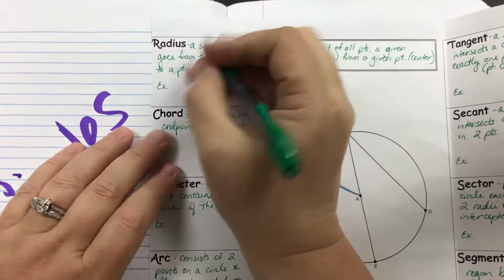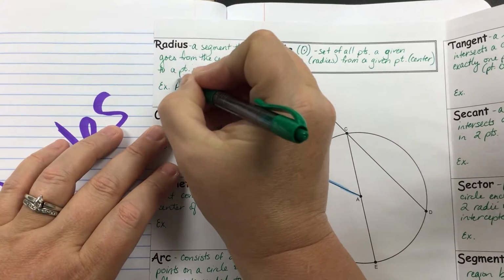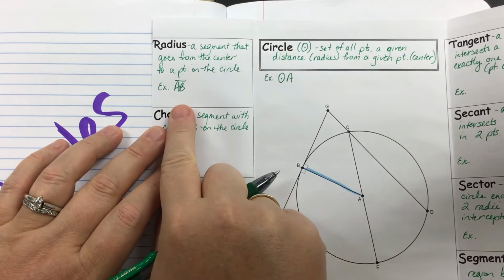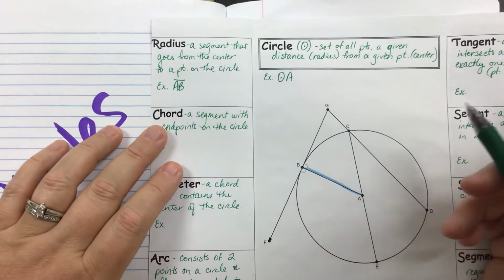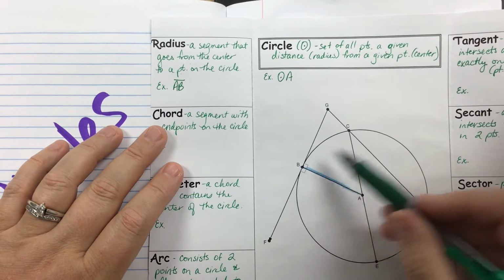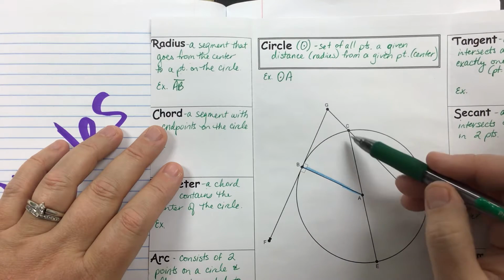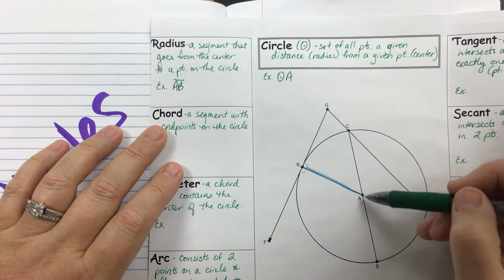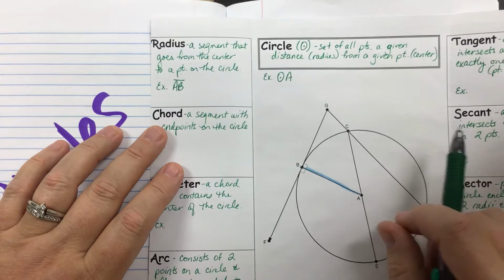So that would be an example. I would put AB with a segment bar above it because that's a segment. You could have also said segment AC or segment AE. All of those are segments.